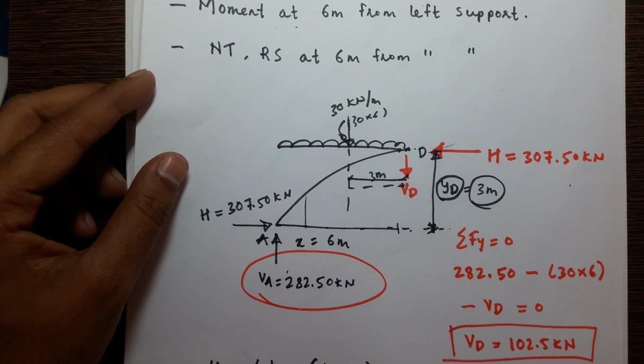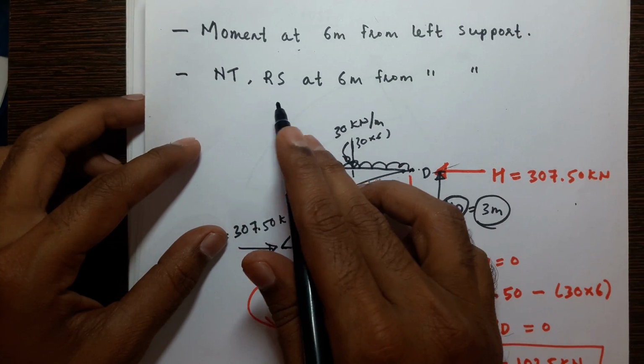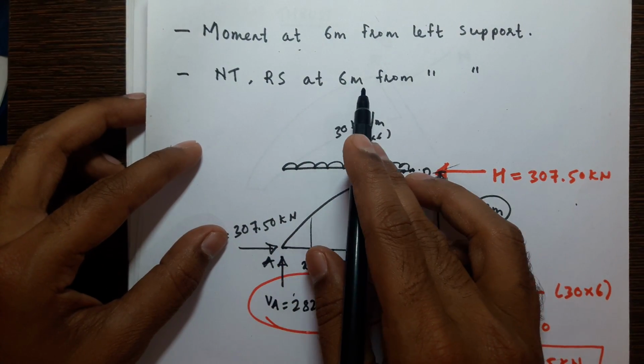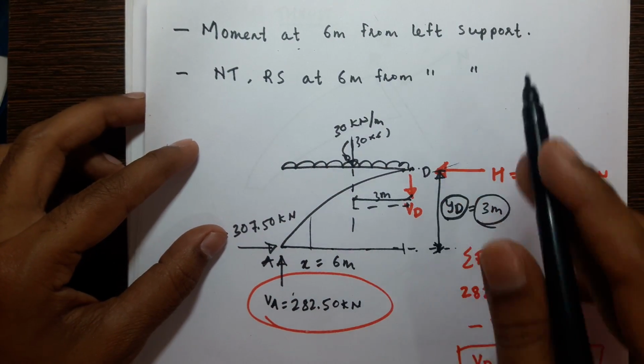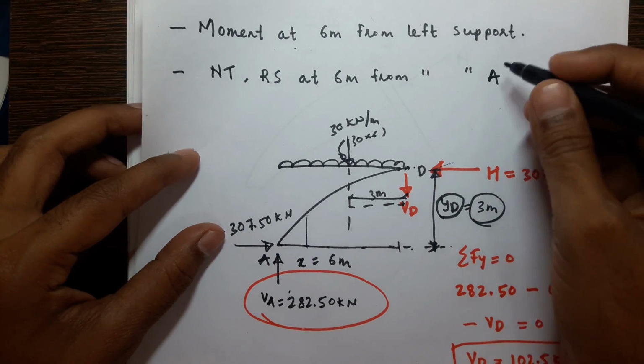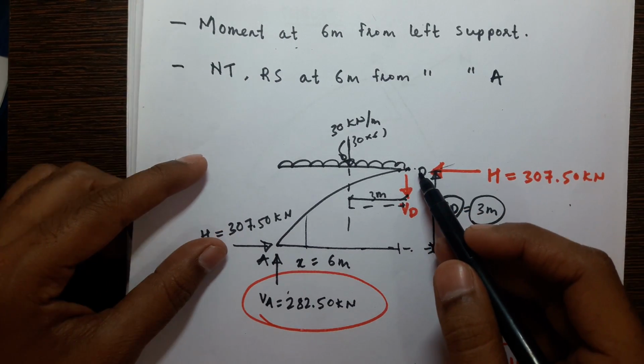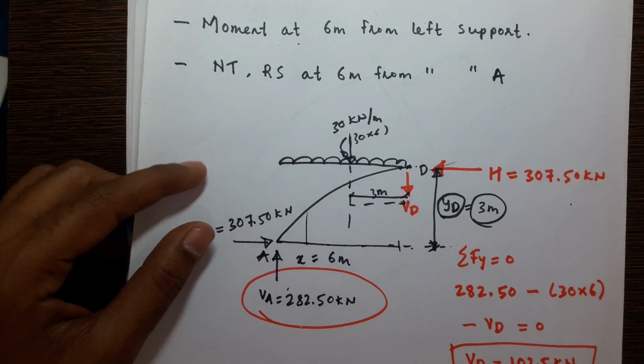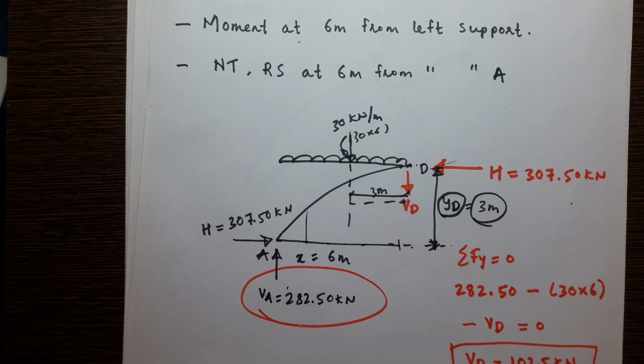Our next purpose in the problem is to find normal thrust and radial shear at 6 meter from the left support A. So at point D we have calculated the moment. We have to calculate normal thrust and radial shear.